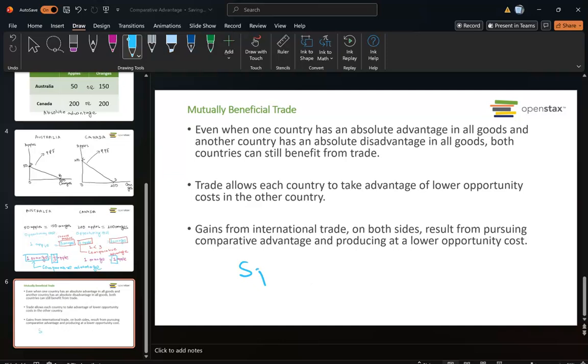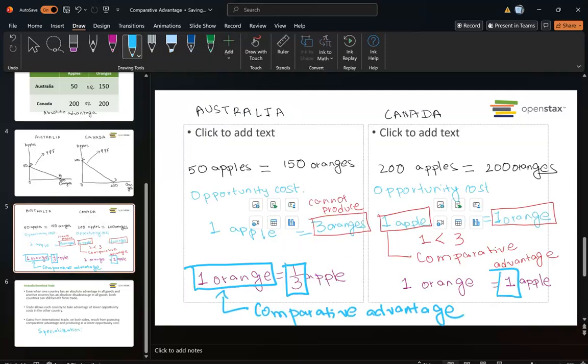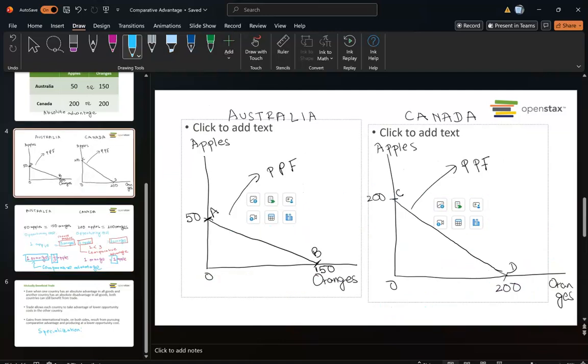Next, when we look at specialization, we would let the country of Australia produce 150 oranges and 0 apples. That means it's going to be at this point. And the country of Canada, the Canadian economy, they would produce 200 apples and 0 oranges.